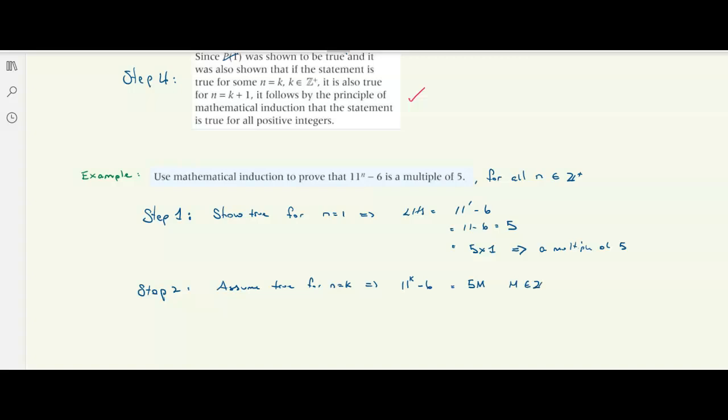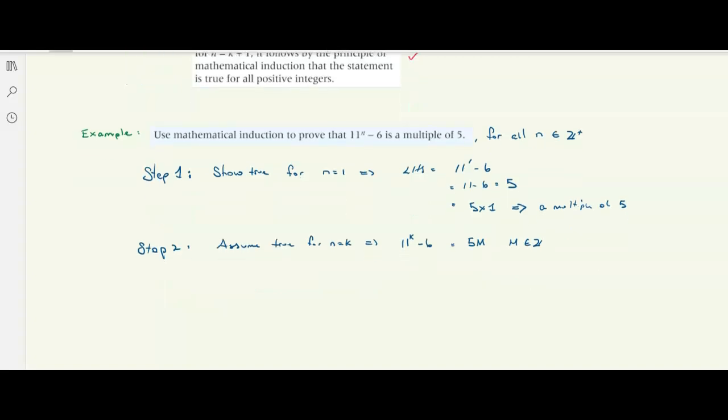So 11 to the k minus 6 equals 5m. So if m's 3, that's 15. Well, that's a multiple of 5. So that's how I write is a multiple of 5. Okay, that's the assumption. Done. Let's go to step 3. Inductive step. Prove the statement true for n equals k plus 1.